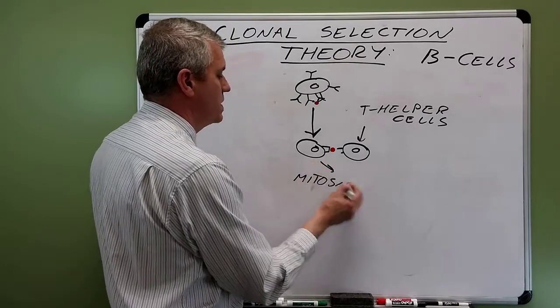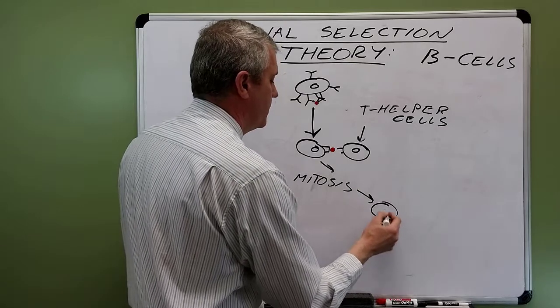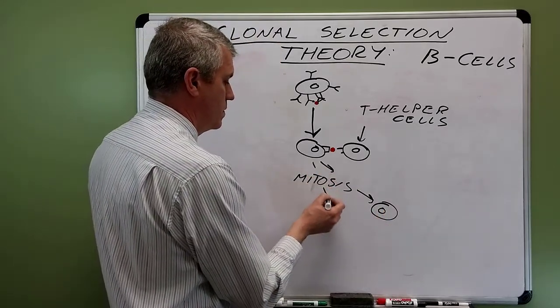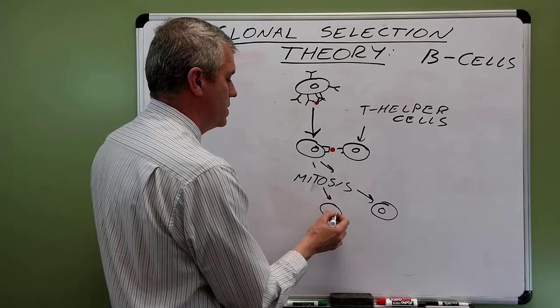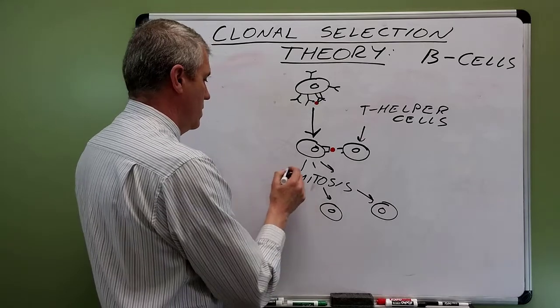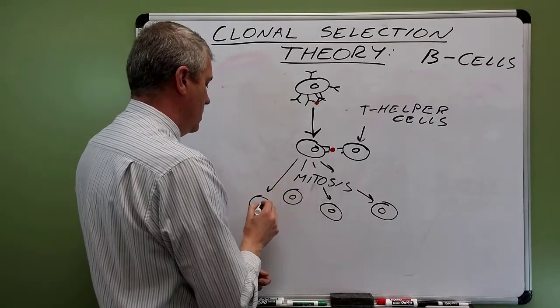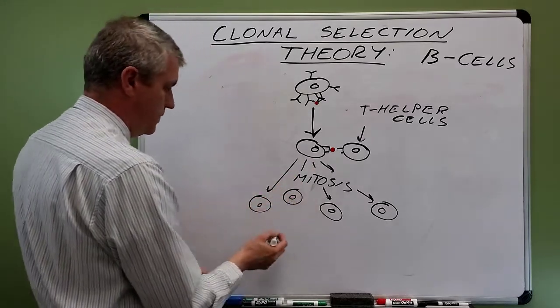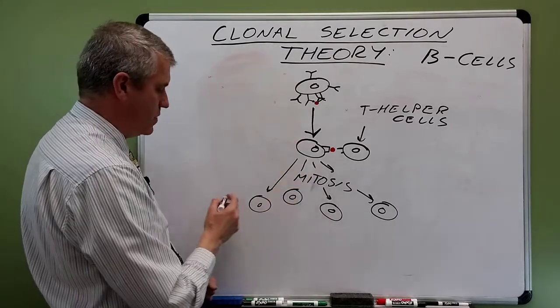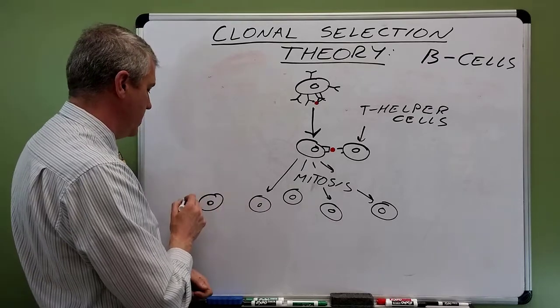So mitosis happens, and we end up producing lots and lots of B cells. We go through a few turns of mitosis. I'm going to run out of room on my board, so imagine a few steps, and we end up producing lots and lots of B cells.